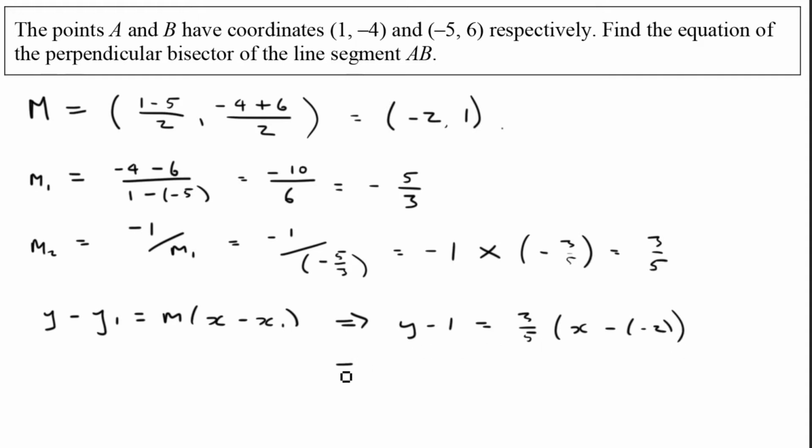Have to tidy that up a little bit into y minus 1 is 3/5 into (x plus 2). But since in this case we've not been asked to give our final answer in any particular form, we could stop there. You may have to tidy it up into a y equals mx plus c or ax plus by plus c equals 0 form, but this will do in this case.